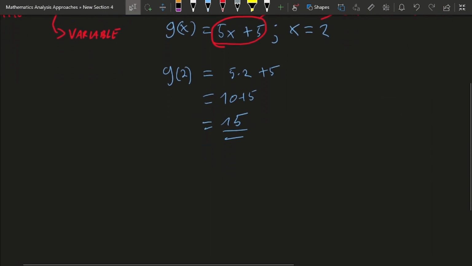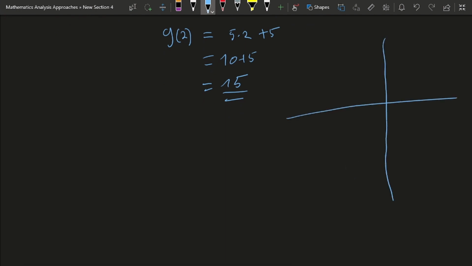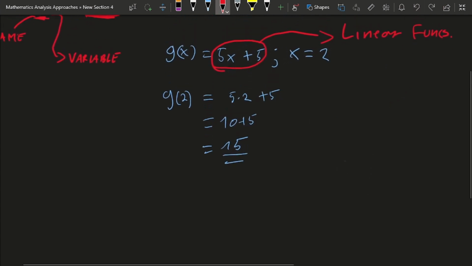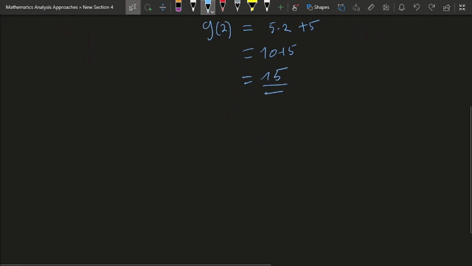This is because when we plot this function on a graph, it will be a straight line. So it will look like this, for instance.